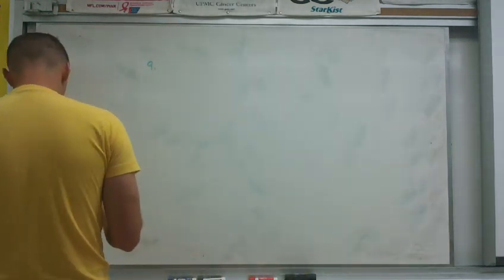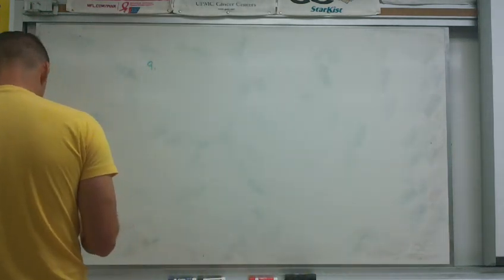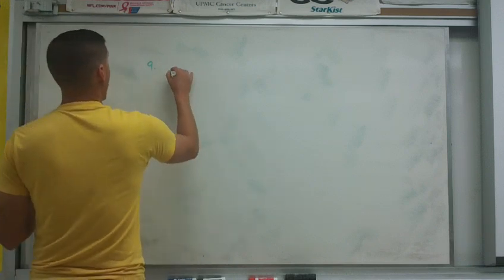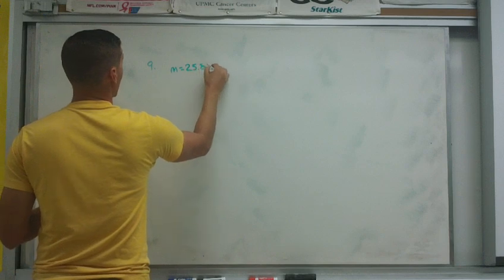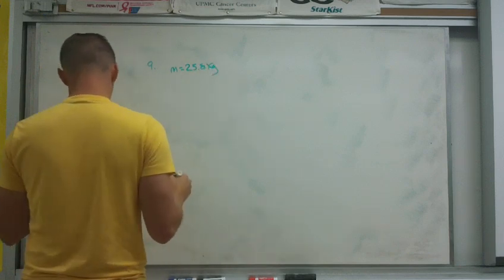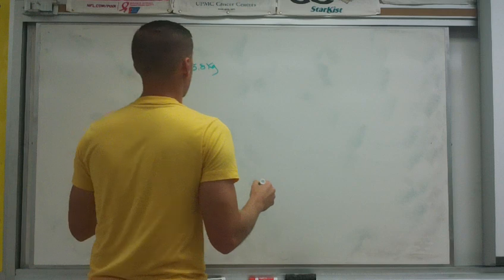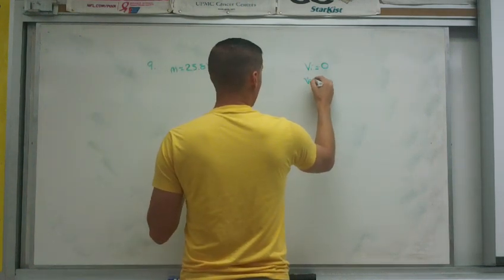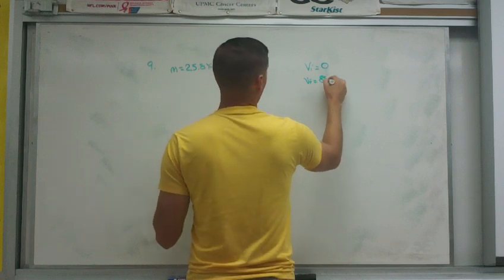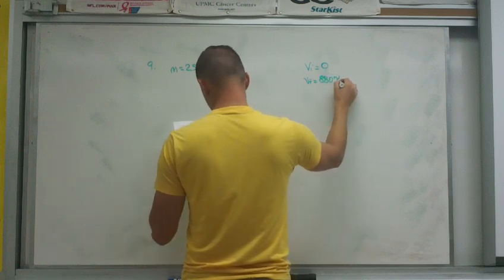All right, so it gives us mass. The mass of the projectile is 25.8 kilograms. It obviously starts from rest, because when you fire a bullet, it starts from rest. Velocity final, the exit velocity, is 880 meters per second.